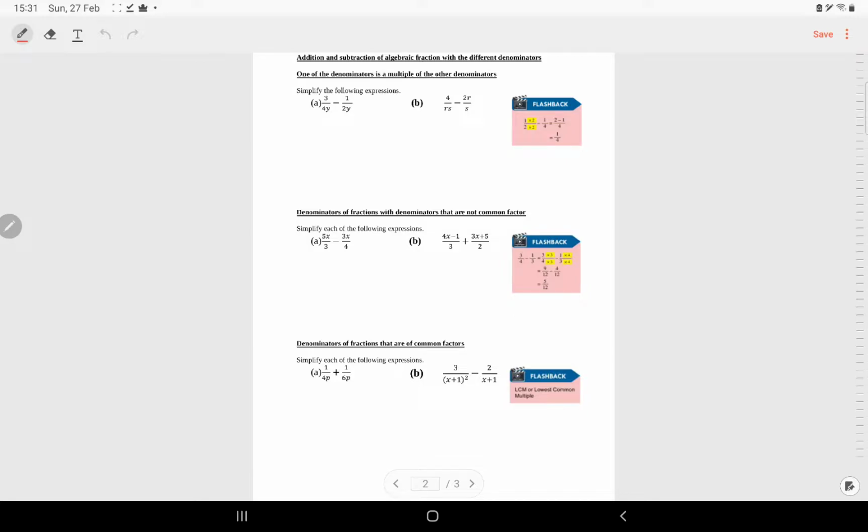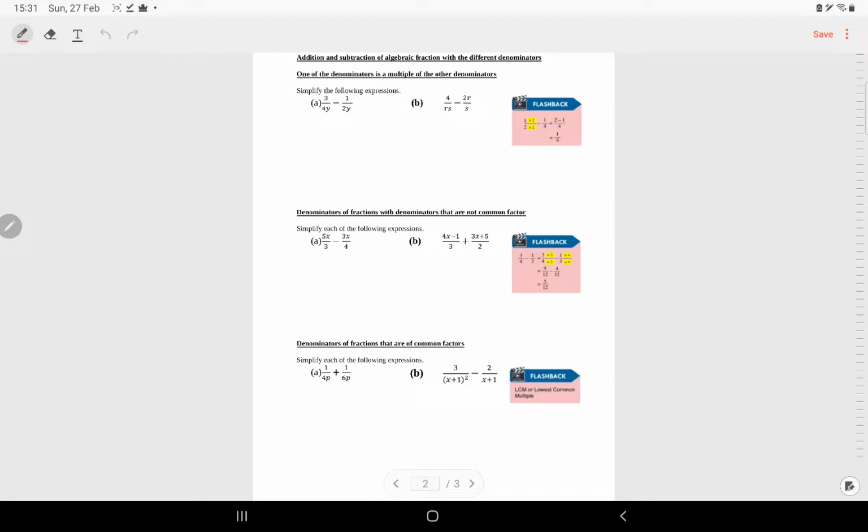Let's have a look at the first example. Simplify the following expression: 3 over 4y minus 1 over 2y. I have given you a guideline here on how to tackle this when you have numbers. If you look to the right, there's a flashback note here. If you have a half minus a quarter, what you want to do is make it the same denominator first.